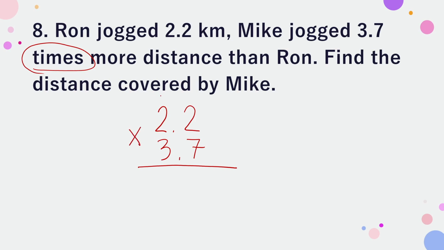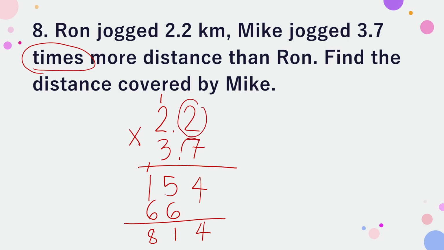2 times 7, that's 14. 14 plus 1, that's 15. 3 and 2, that's 6. 3 and 2, that's 6. So how much is this? 4. 11, carry 1. I have 8. Oh, where will I put the decimal point? 2 decimal places. I agree with that because I have 1, 2 decimal numbers.